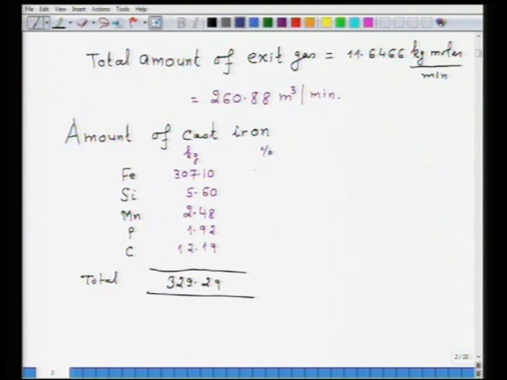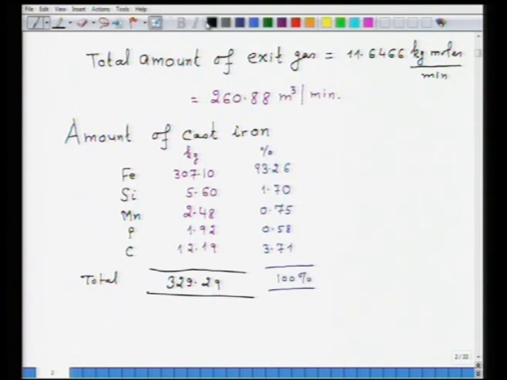So, in percent it becomes 93.26 iron, 1.70 silicon, 0.75% manganese, 0.58% phosphorus and 3.71% carbon, and this makes total as 100%.